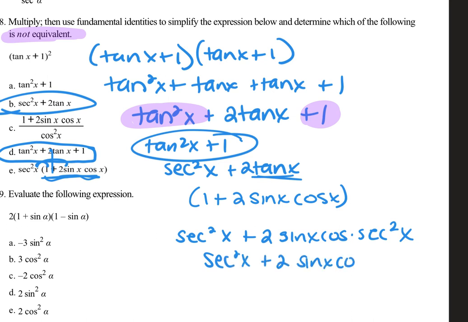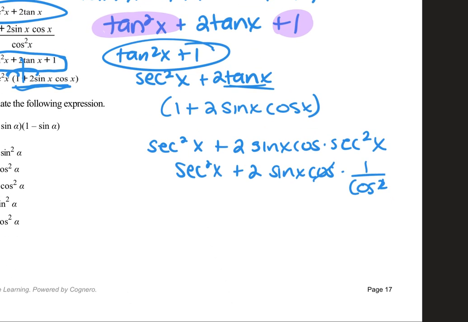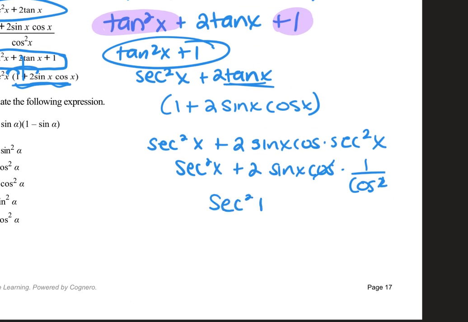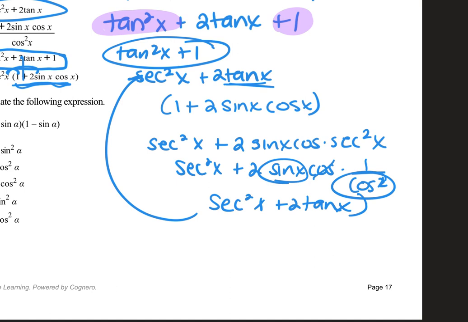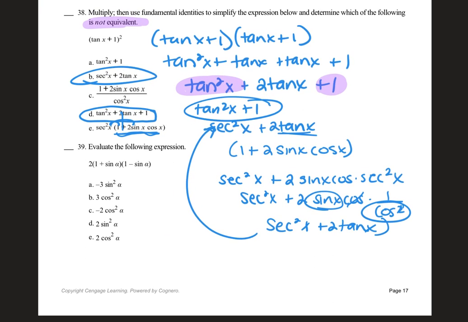Sine cosine over cosine squared. One of these cancels. Secant squared x plus 2 times sine over cosine, which is tan. And that's still that one, so that's the equivalent there.